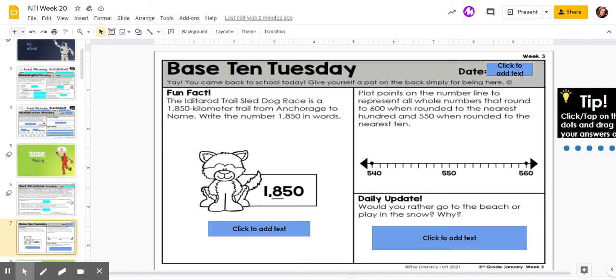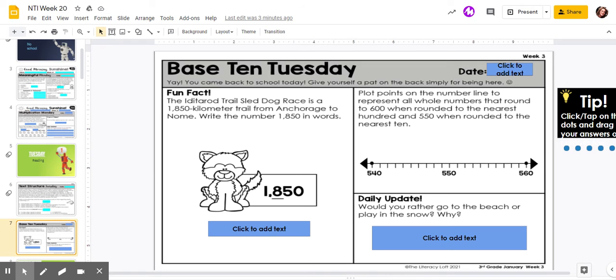If the ones place is 5 or more, then it rounds to the next 10. Now, for the ones that round to 600, you're looking at the tens place. So of these ones, the tens place has to be larger than 5 to round up to the next 100.